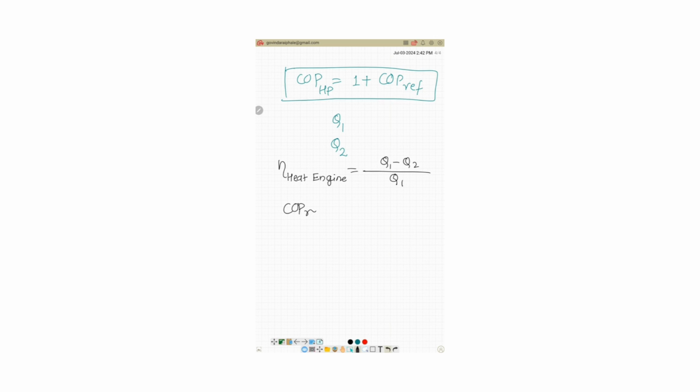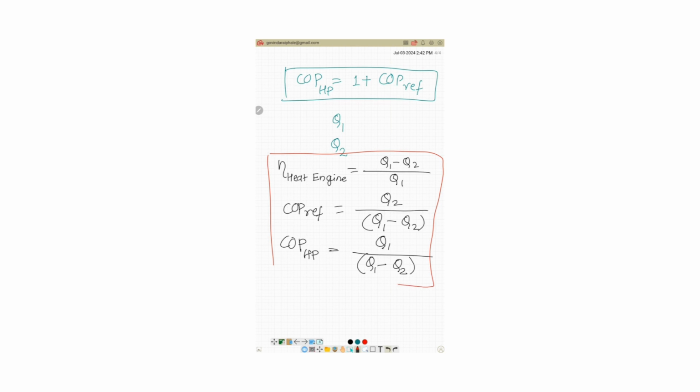The COP of the refrigerator is the desired effect Q2 divided by Q1 minus Q2, and for the heat pump the desired effect is Q1 divided by Q1 minus Q2. These are the three basic relations to find the efficiency and coefficient of performance of these three devices.